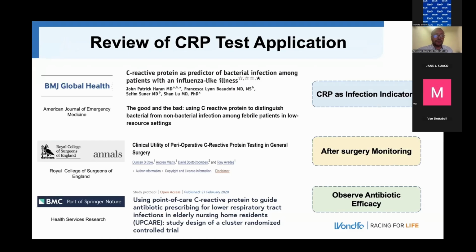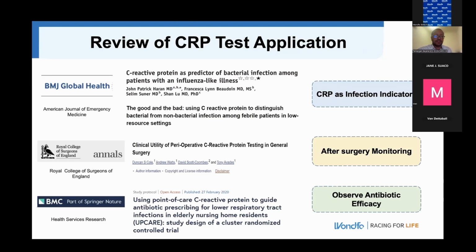So in review of the CRP test application, as I said, it can be used in primary care settings and in the emergency departments to initiate antibiotics or not, for decision making. And this can continue up to the ward and then to surgery patients for post-operative monitoring and so on. So all in all, CRP can be used as an infection indicator, making sure that our clinical data is still there, just by using the CRP as an adjunct.